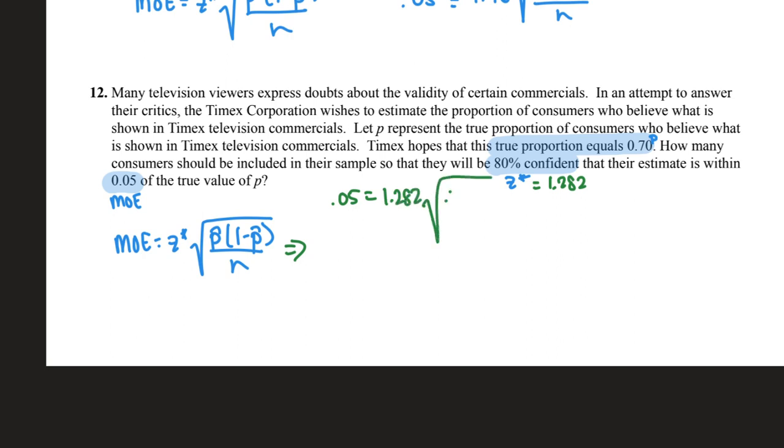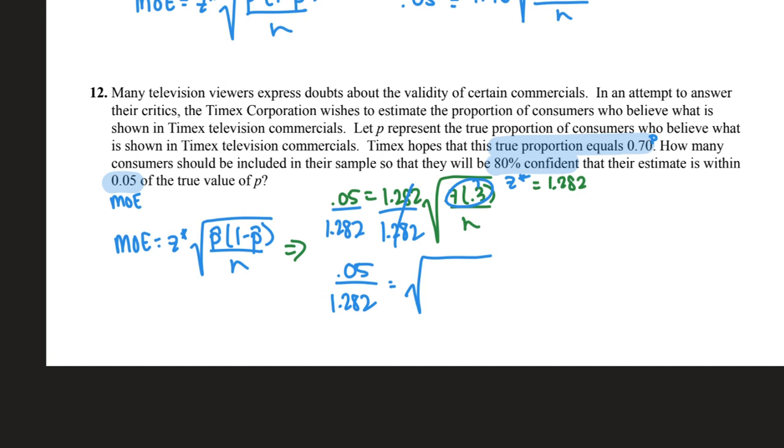And then we're going to use 0.7, and then 1 minus 0.7 is 0.3 over N. Okay, so first thing we're going to do is get rid of that Z star, so we're going to divide both sides by 1.282. And in addition, I'm going to go ahead and just multiply these just so it's one number that we're dealing with. So 0.05 over 1.282 equals the square root. So 0.7 times 0.3 is 0.21.